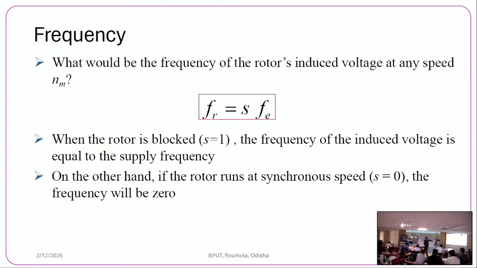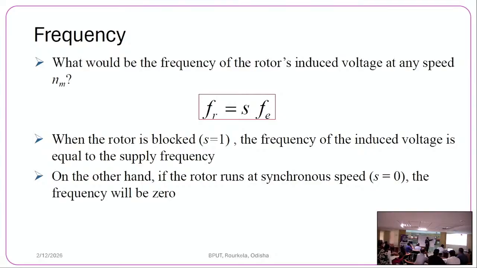So what is the difference? How do you compare? For a two-pole machine, Ns is 120 Fs by P. The synchronous speed is 120 Fs by P, that is 120 into supply frequency by number of poles.